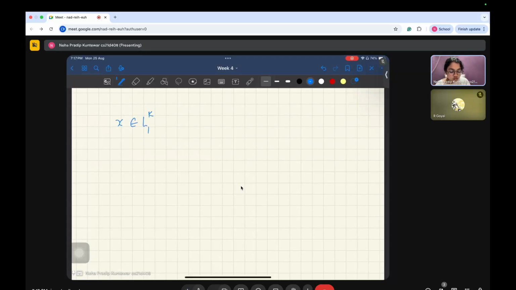There is some input x1 that is in L1, then there's some other input x2 that is in L1, and so on.